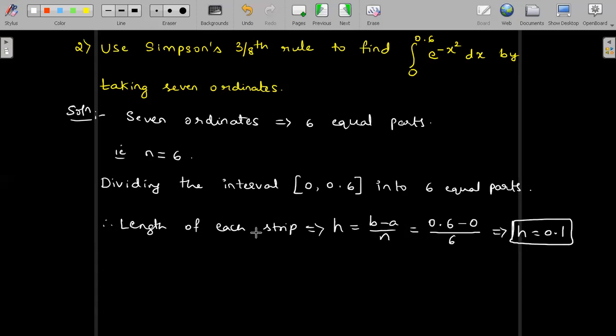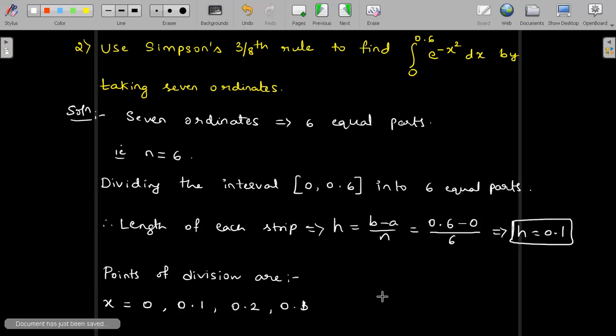So with this value of h, let us write down the points of division. So points of division are starting from x is equal to lower limit, that is 0, in steps of 0.1, until we reach the upper limit, and the upper limit is 0.6.